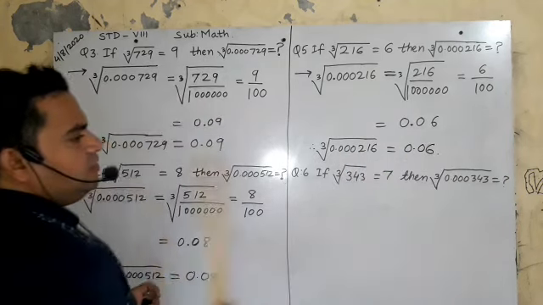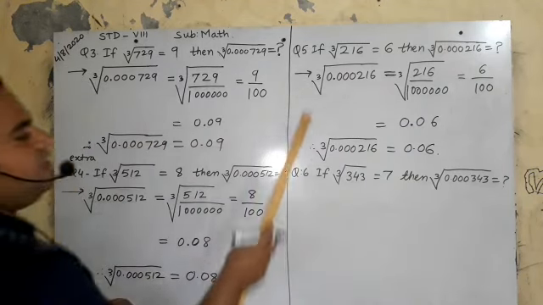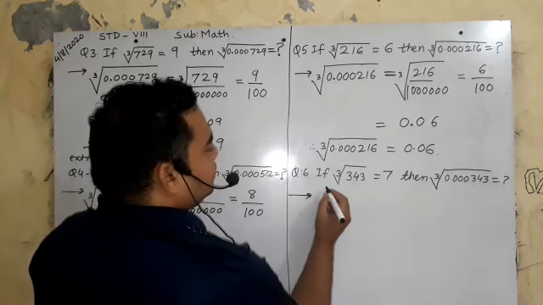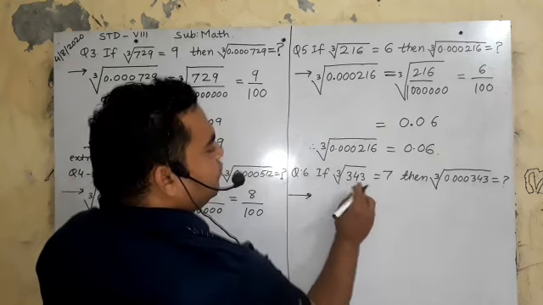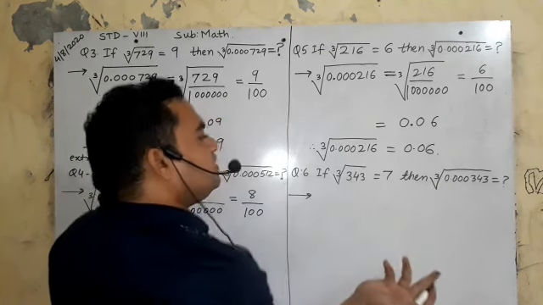Is it clear? Now here also question number 6. Question numbers 4, 5, 6 will be extra for you. So I will write the solution. If the cube root of 343 is 7, then what is the cube root of 0.000343?